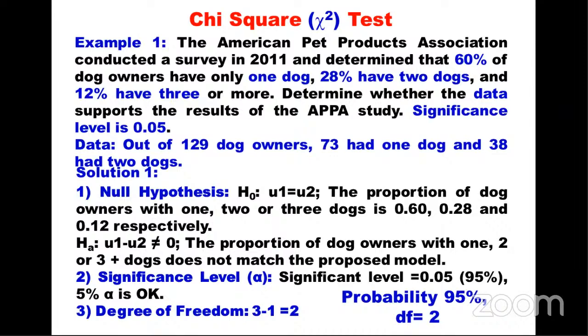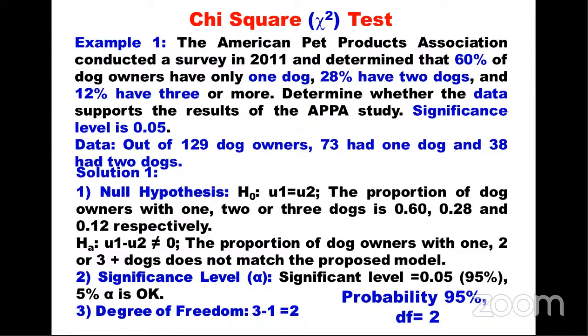So they took a survey, and from that they found that one dog owners are around 60%, two dogs 28%, three and more 12%. Determine whether the data support the results of the APPA study, and significance level is 0.05.